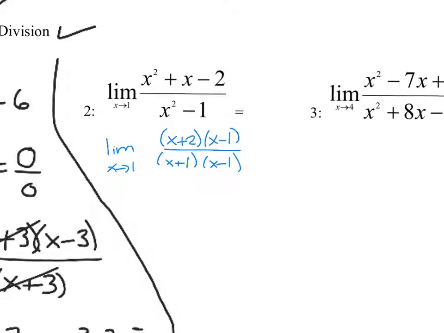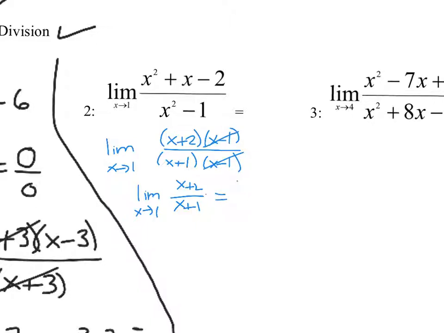After factoring, you see these x minus 1's will cancel out. So we're just left with the limit as x approaches 1 of x plus 2 over x plus 1, which we can then just plug in 1.